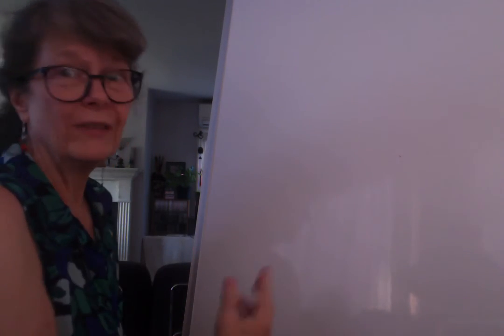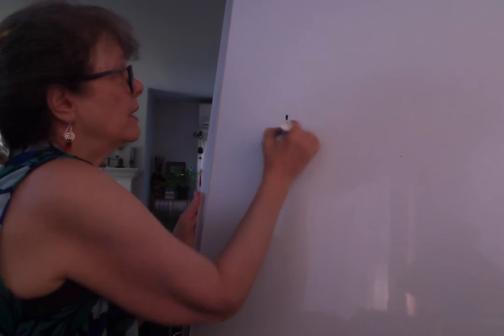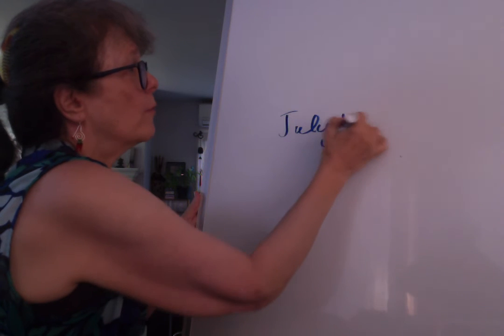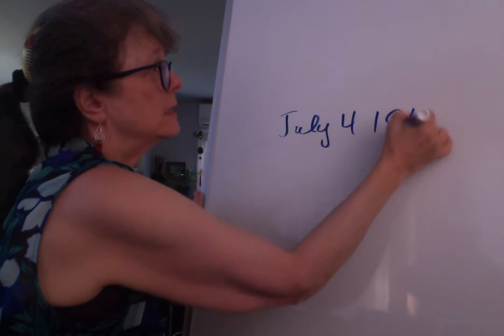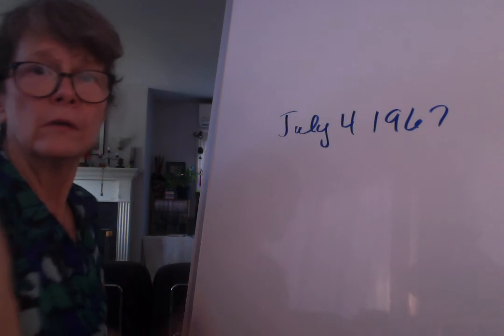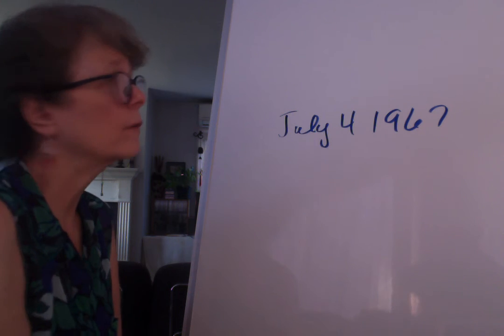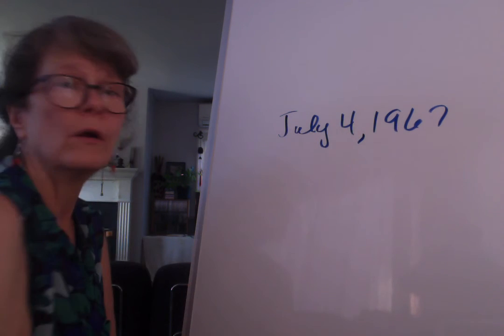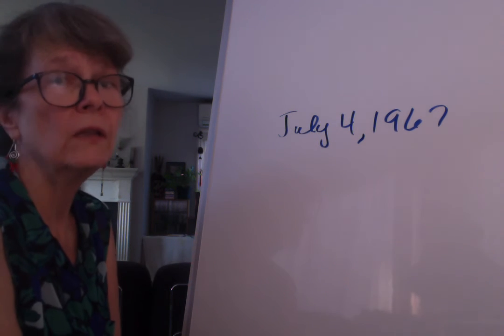When we are talking about dates, we use commas in certain places. If I say July 4th, 1967, where would I put a comma in there? I'd put a comma between the day and the year.